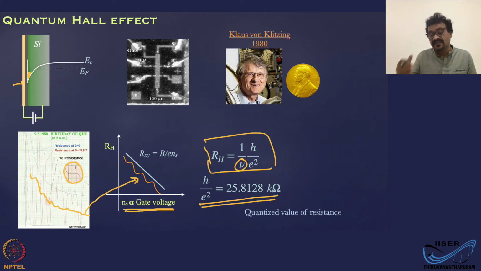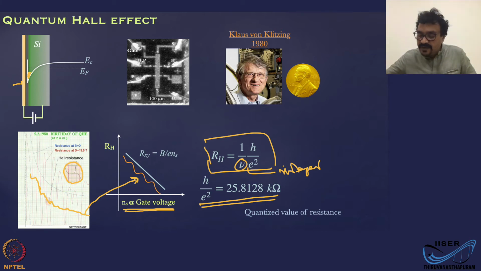I would say conductance is quantized because Hall resistance is 1 by nu, where nu is an integer. So RH is quantized in 1 by nu, where nu is an integer, times h by e squared. Okay, this is the quantum Hall effect.